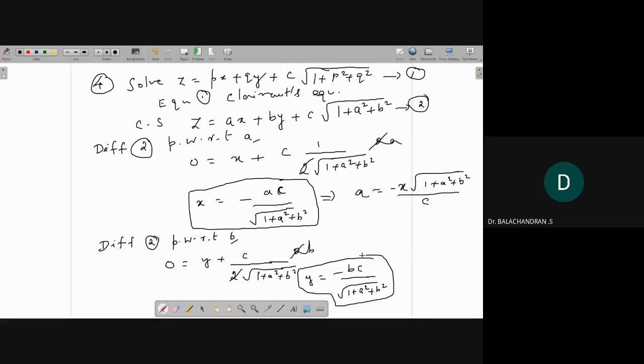So from this, what is b? b equal to minus y into root of 1 plus a square plus b square divided by c. Okay, so now I am going to square these two and add, x square plus y square, and then I am going to find the value of 1 plus a square plus b square. So now call this the next page.